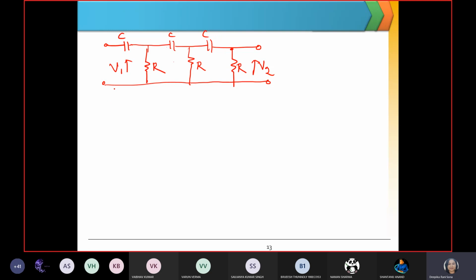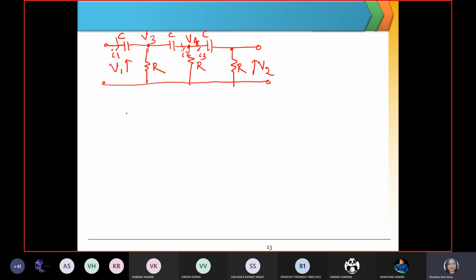So here what I'm going to write, this is the flow of current. Suppose this is I1, this node is V1, V2, V3, and this node voltage is V4. So this is I1 and this term is your I2 and this term is your I3. The current across V3 to V4 is I2, then V4 to V2 is I3.